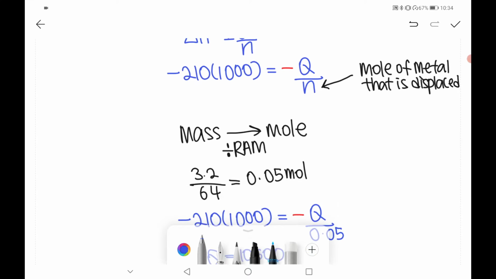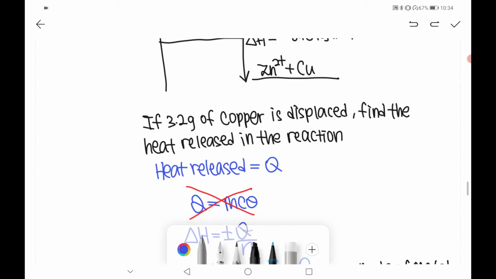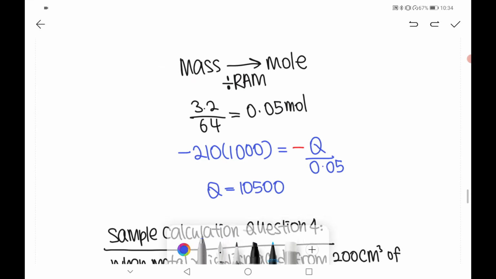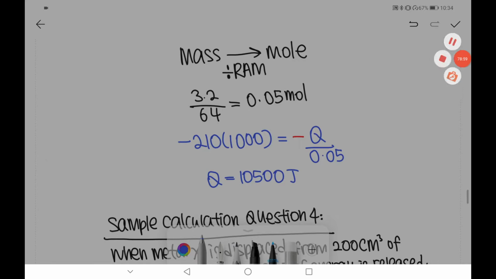And make sure you know the unit. The final unit, Q is what? Q is heat. So heat is energy. Energy, the unit is joule. So that is how you do the calculation.